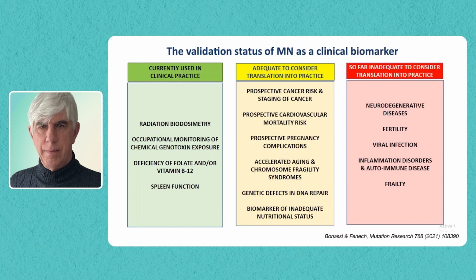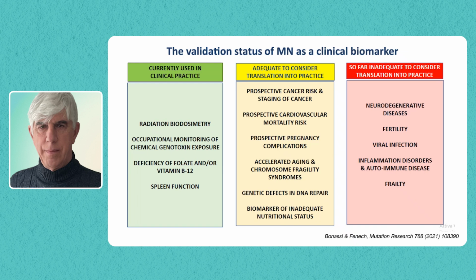micronuclei can be used in clinical practice. There are not that many: to see spleen function, or to see if you have a vitamin deficiency, or monitoring dosimetry, and those are not very important applications. Much more important is the one in the middle, the yellow, in which we don't have enough data.